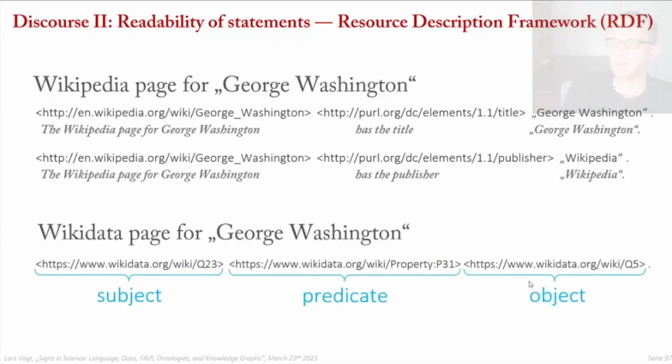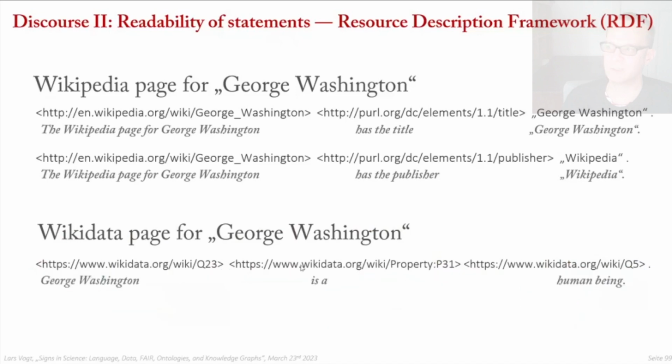But if we take a look at how Wikidata does that, we see that we not always get something that is human readable out of a URI. So here we have in subject position something that carries no meaning to me, only to a machine. And we also see that in the third position, we don't have a literal here, we have a URI.